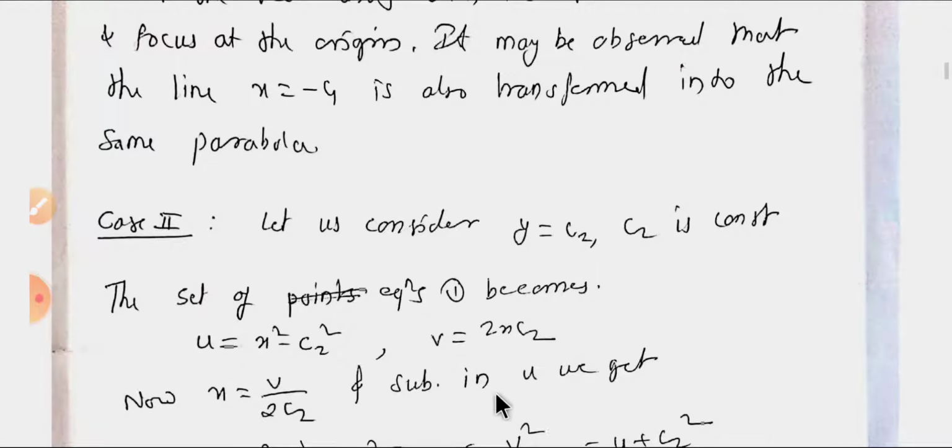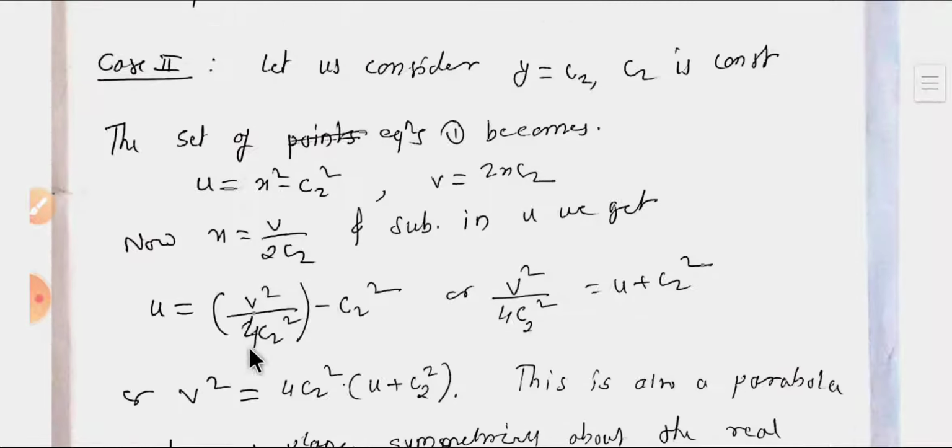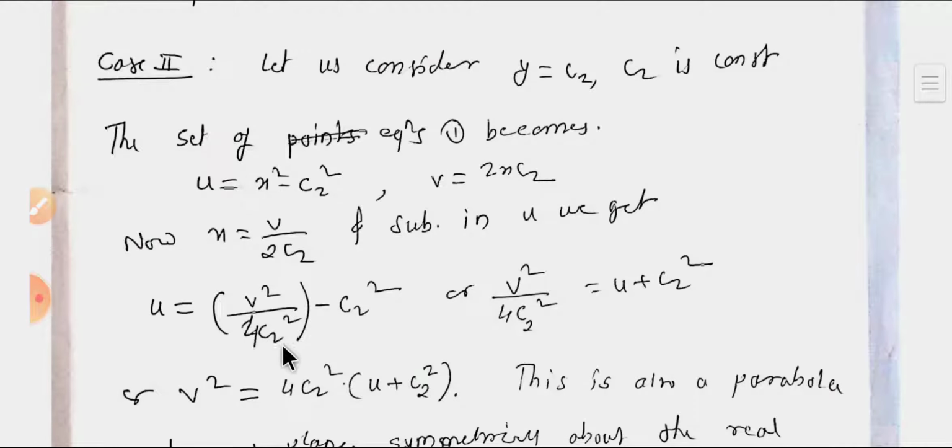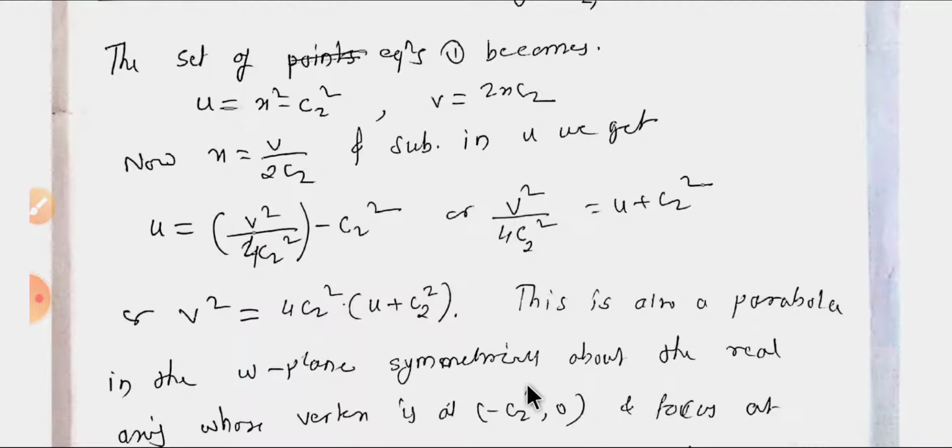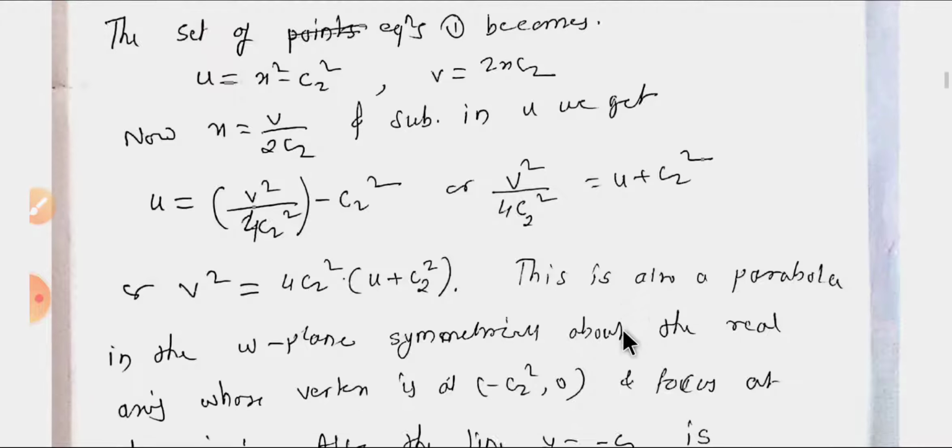Substituting this in u, we get u equal to v square by 4 C2 square minus C2 square, or v square by 4 C2 square equal to u plus C2 square. By simplification, we get v square equal to 4 C2 square into (u plus C2 square). So this is also a parabola in the w plane, symmetrical about the real axis, whose vertex is at minus C2 square comma 0 and focus is at the origin.